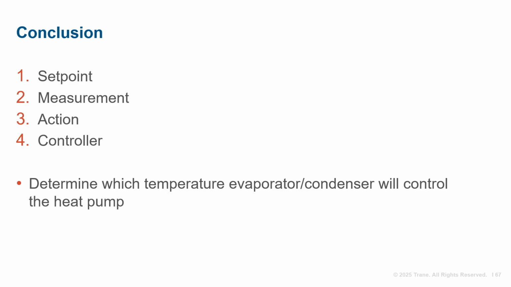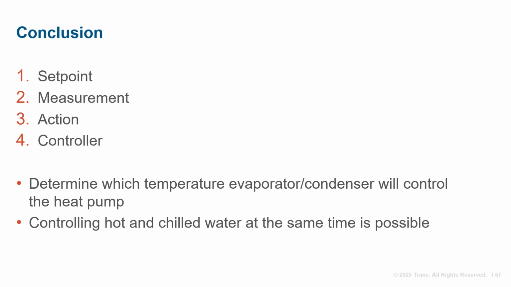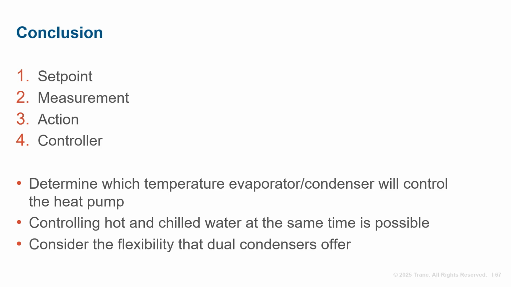Once the chiller's controlling temperature is determined, the other temperature must be controlled through other means. We've shown several plant configurations that are capable of meeting both temperatures with traditional condensers as well as dual condenser units. Dual condensers allow a degree of flexibility without requiring additional heat exchangers and space in the mechanical room.